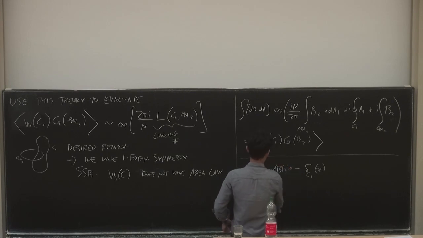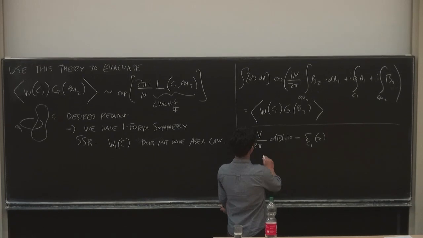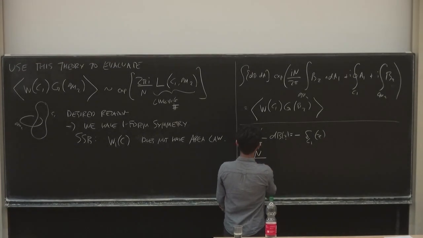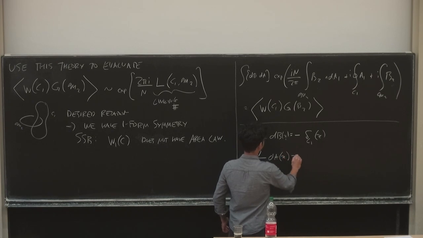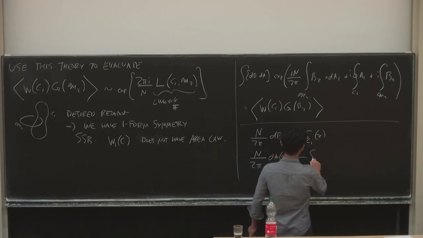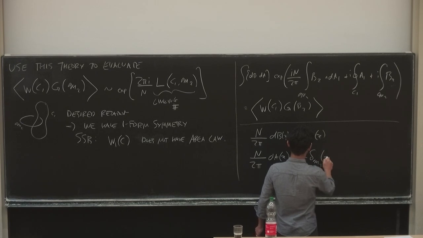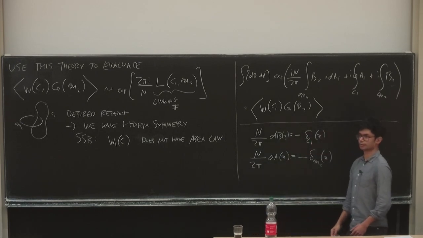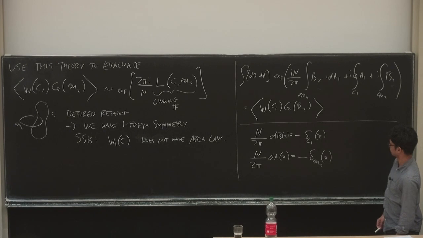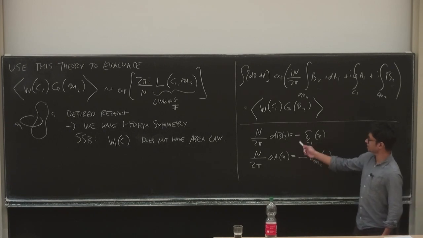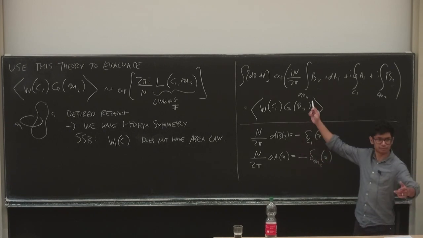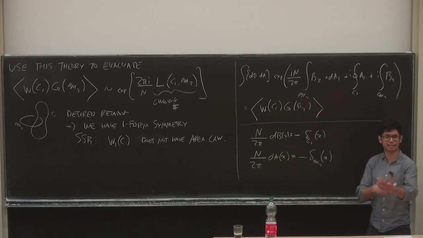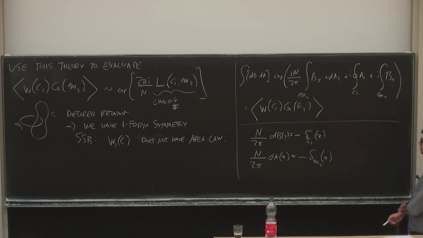Similarly, if I vary with respect to B, I get dA of x equals minus a delta function with support on M2. Exactly which signs you get here depends on which orientation you pick for the M4, but at the end of the day you get an answer that won't care about that.